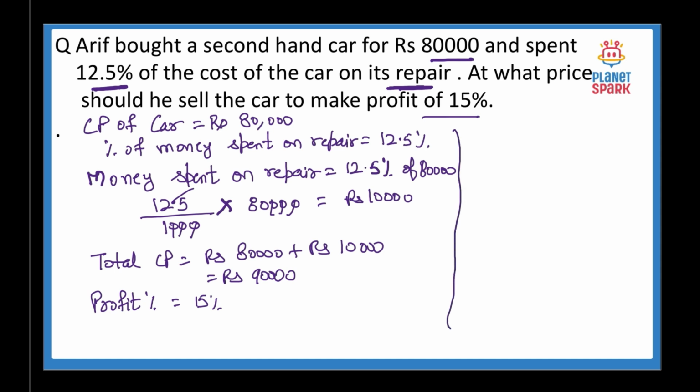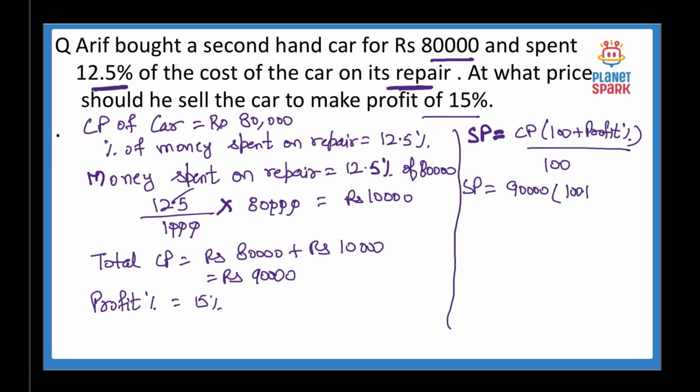We'll use the formula that selling price is equal to CP into 100 plus profit percent divided by 100. Again, putting the values in the formula, selling price I have to find out. In place of cost price, I will write down 90,000 now. 90,000 into 100 plus 15 divided by 100.